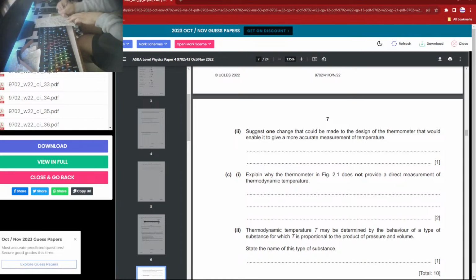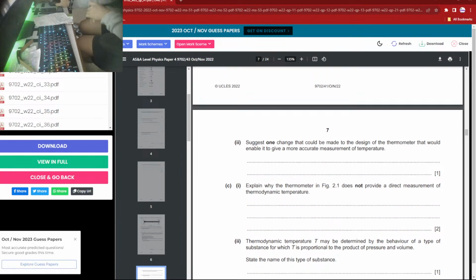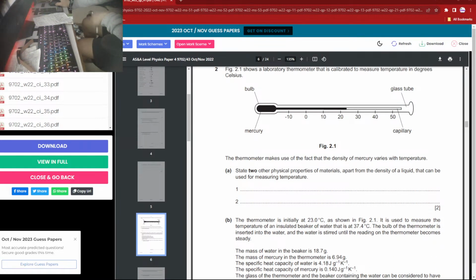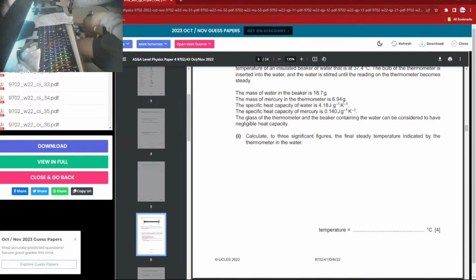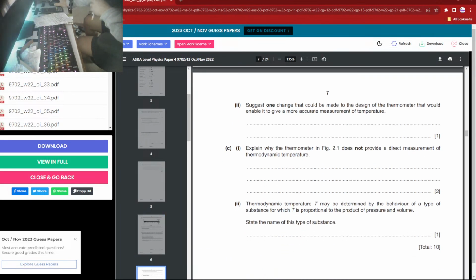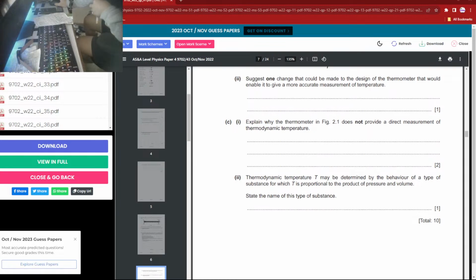The thing about thermodynamic measurement is that it goes by Kelvin. So if you measure by degrees Celsius, it's not the direct measurement of the thermodynamic temperature. So the answer would be 0 degrees Celsius is not absolute zero. But that sounds like a 1-mark answer, so we'll check on that later.